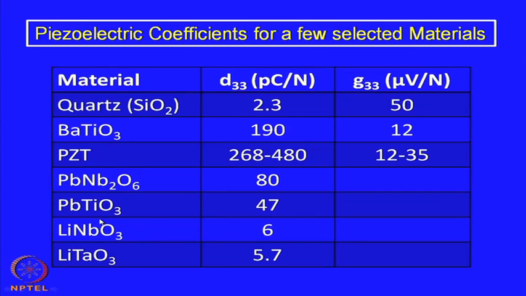It is also a pyroelectric material, it is about 47, lithium niobate is 6, and lithium tantalate is still smaller. So, one has a very wide range of D33 values, piezoelectric coefficients, and among them PZT is of course a much greater advantage compared to others.